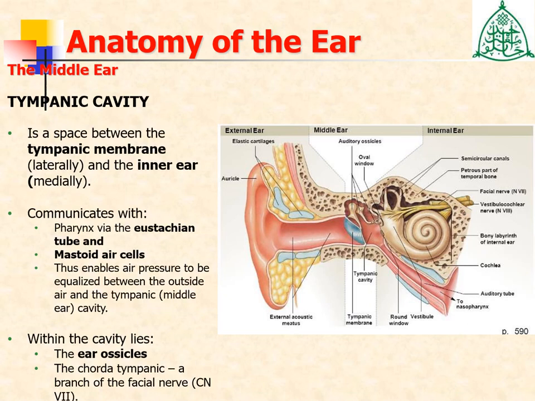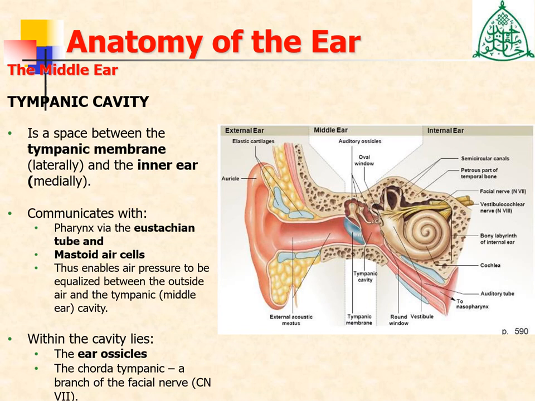The tympanic cavity is a space between the tympanic membrane and the inner ear, meaning that the tympanic membrane is lateral and the inner ear is medial. So that space where the ossicles are located is what we refer to as the tympanic cavity.